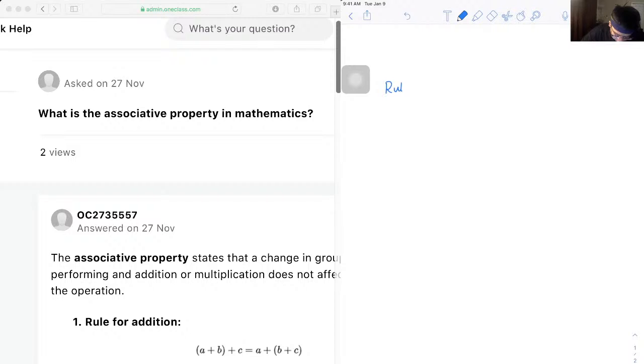Okay, so let's start with the rule for addition. Say we have A plus B plus C, where A, B, C are just any numbers.